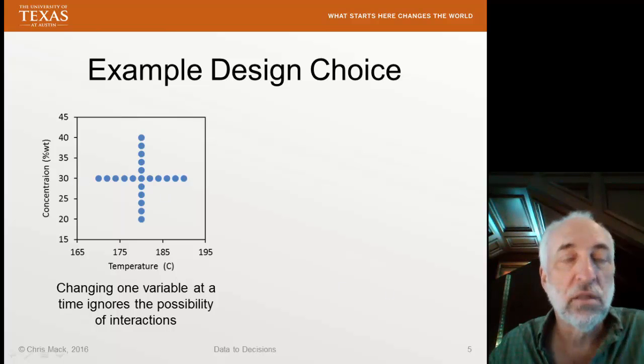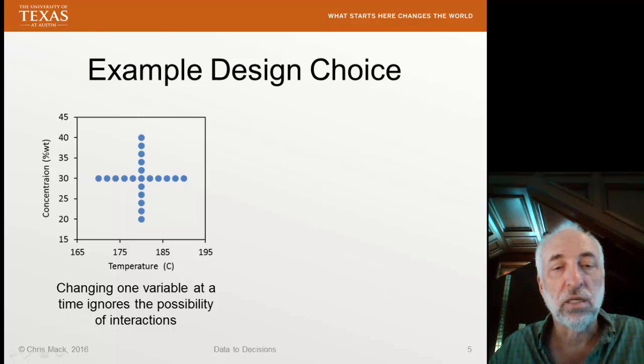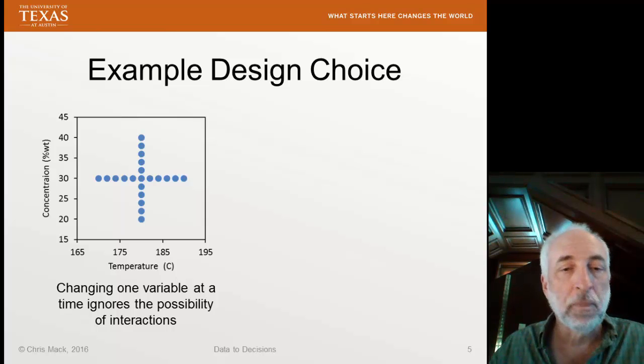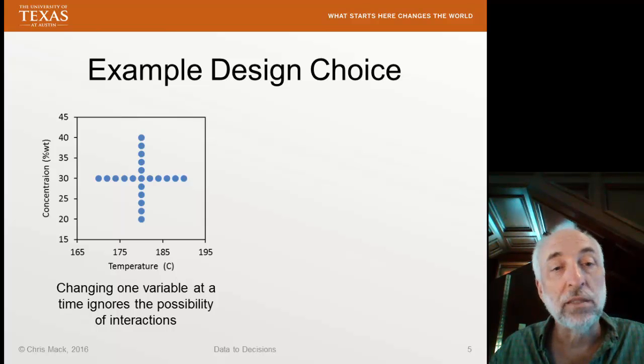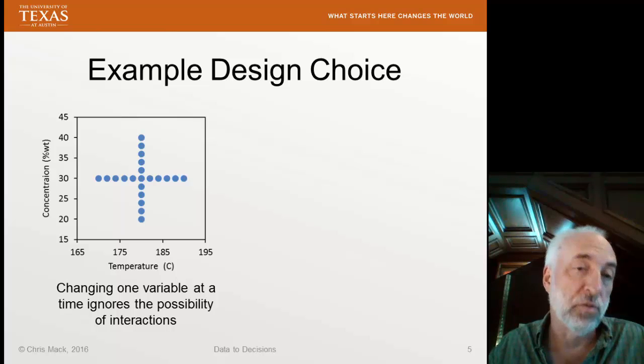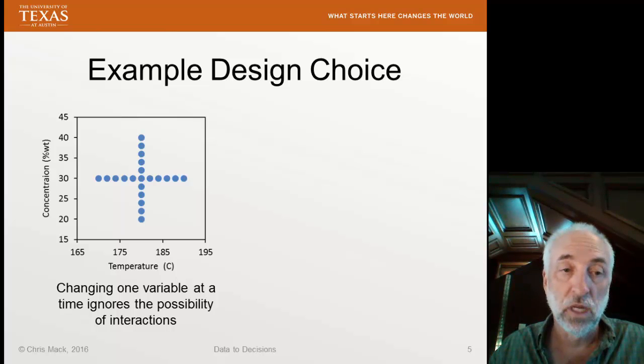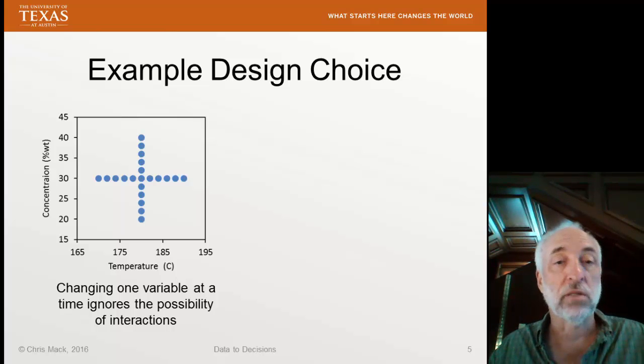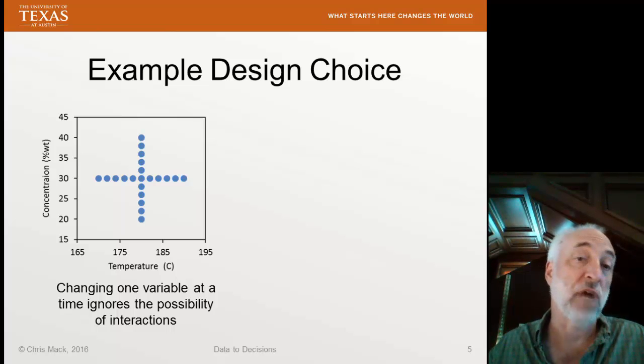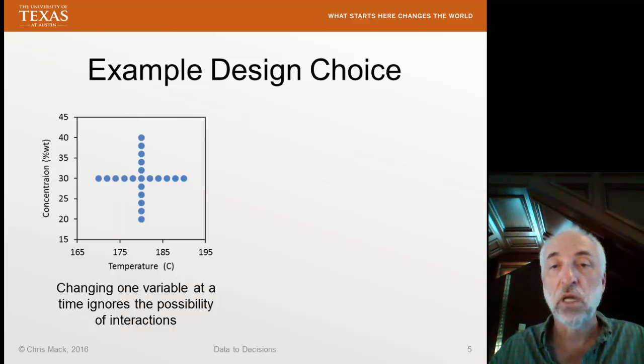This one at a time variable change does not allow me to investigate interactions between these variables. If they were completely independent of each other in their response, then this would be just fine, but that's not often the case.